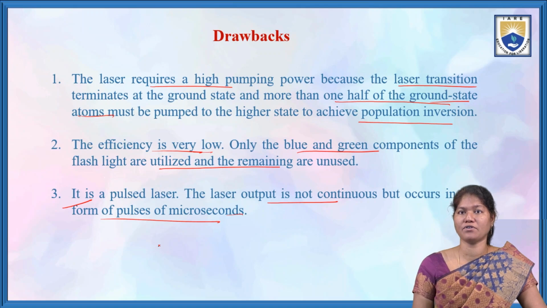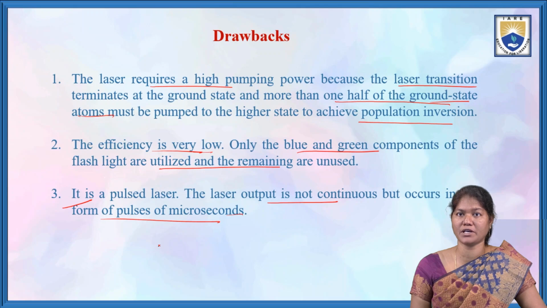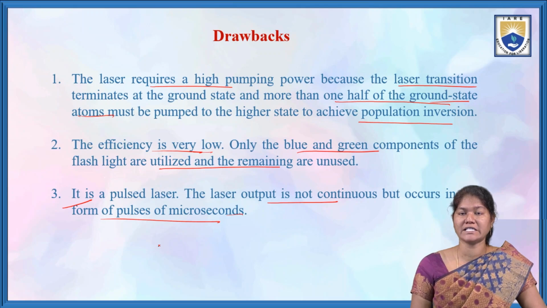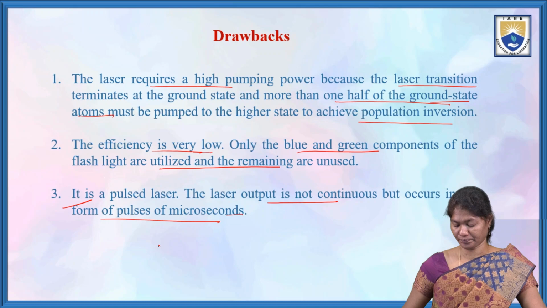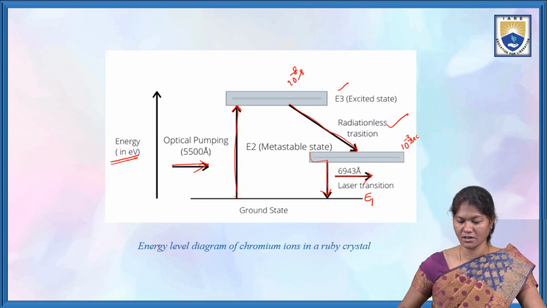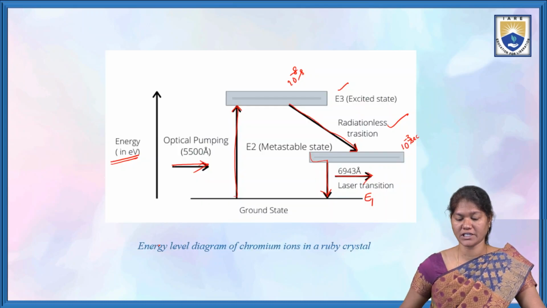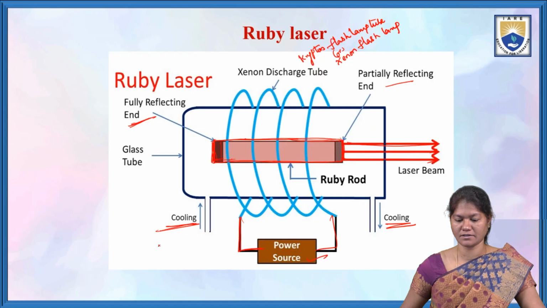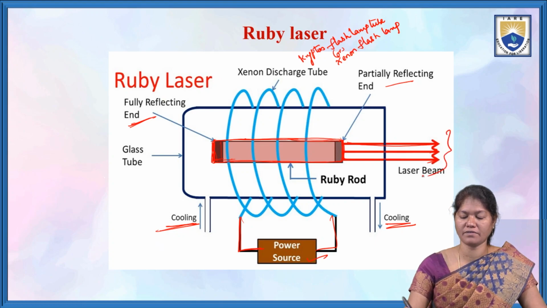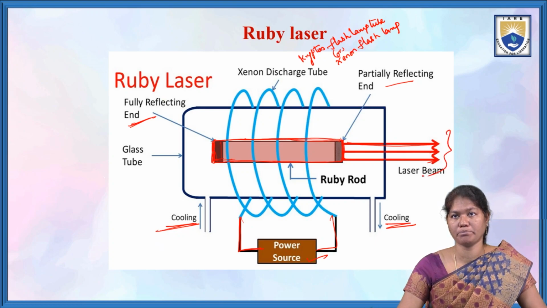Then they fall back to the ground state. At high emission, it comes out as a laser beam with high intensity, in phase. So we get the laser output from the partially reflecting end face. Here we get the laser beam.